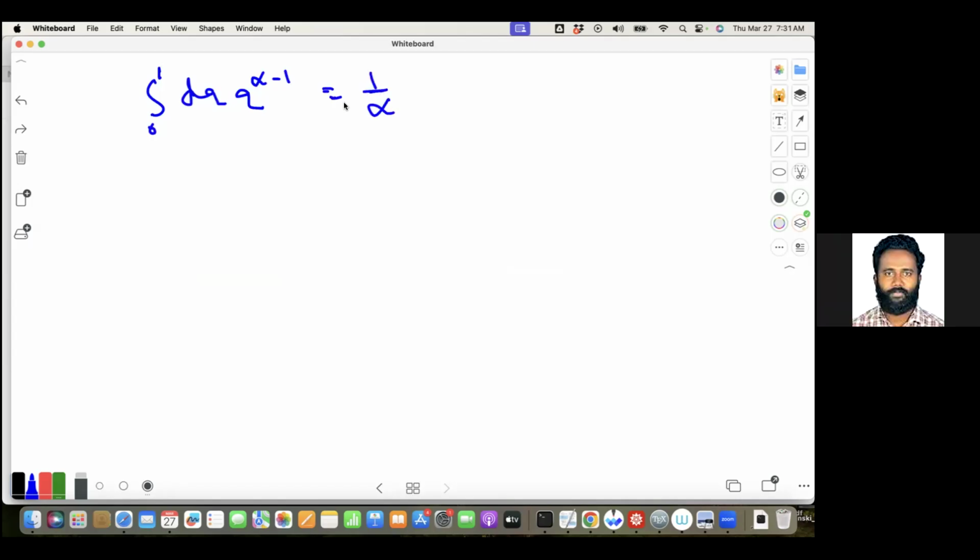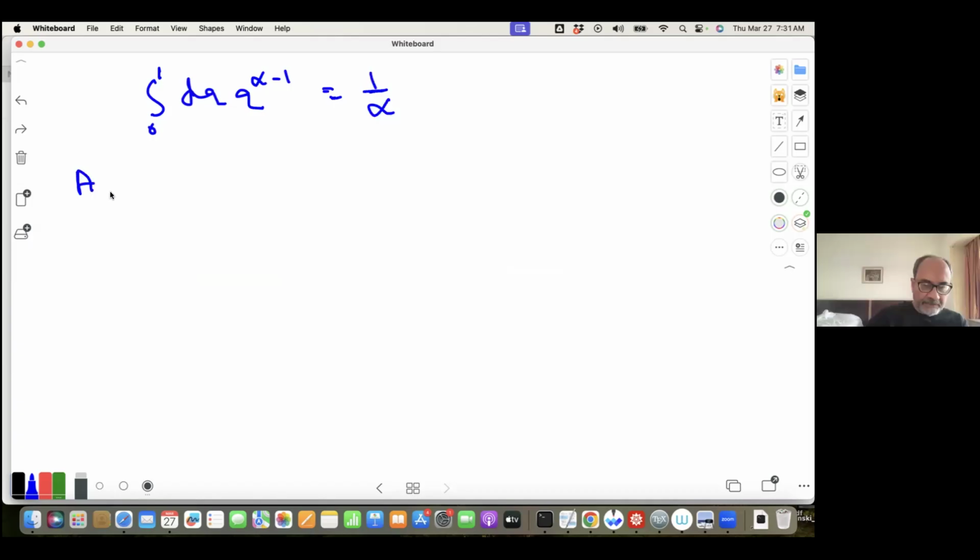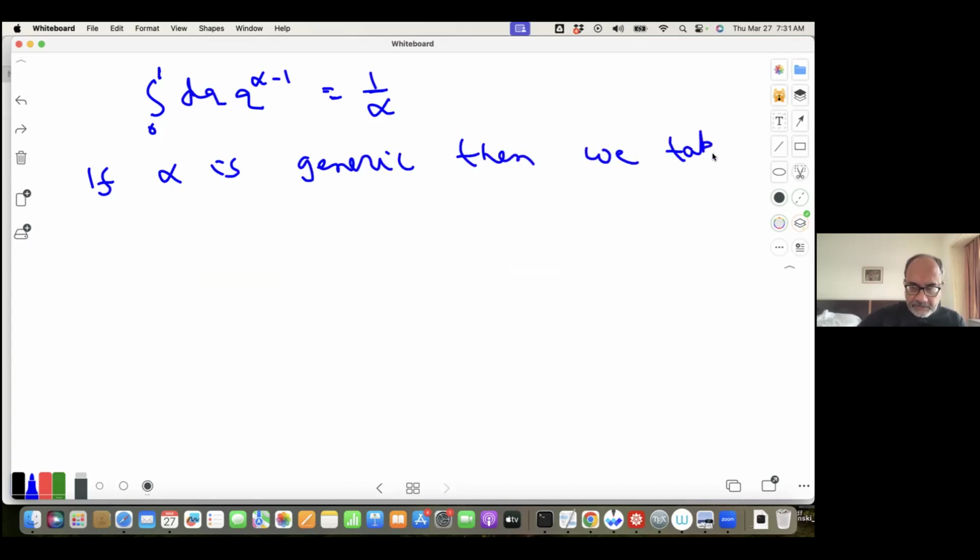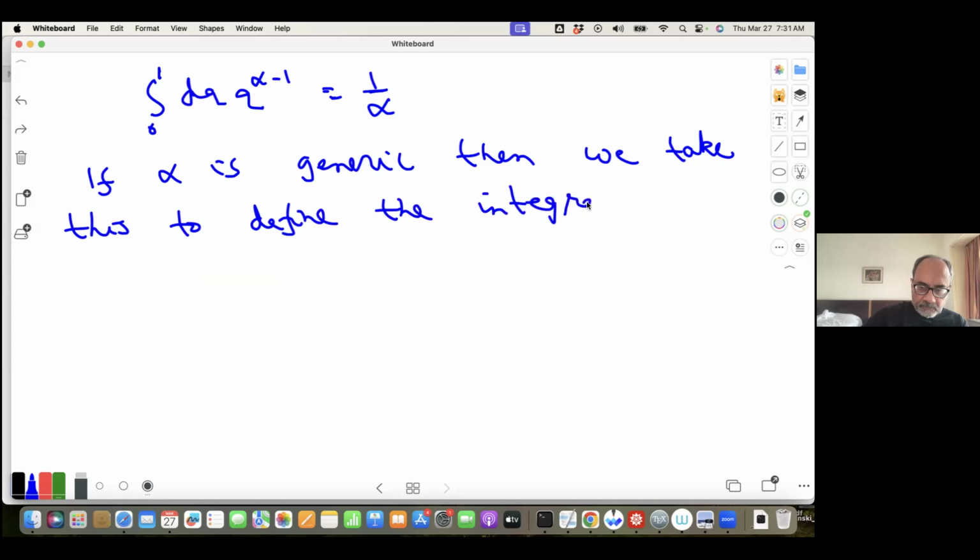If alpha is generic, we take this to be the definition, even for alpha less than 0. For alpha less than 0 this is divergent, but nevertheless we just take this to be the definition.